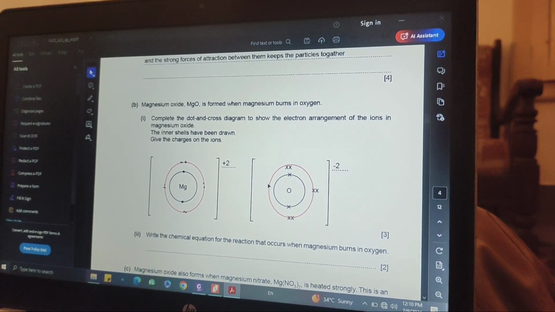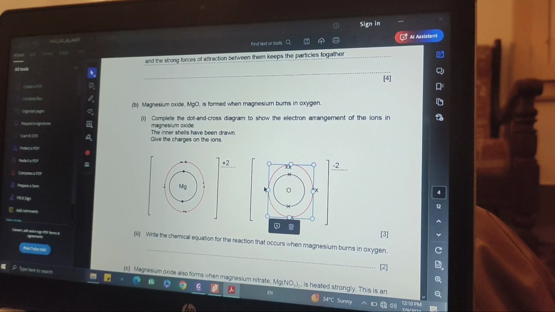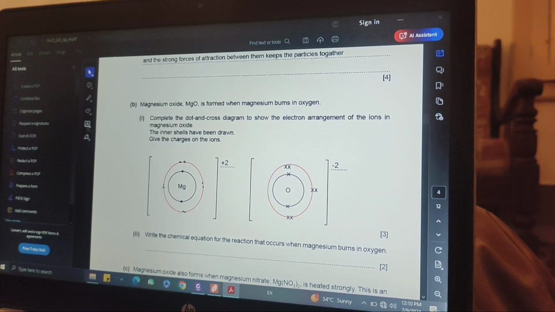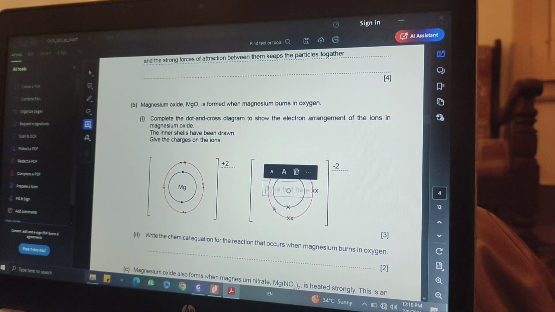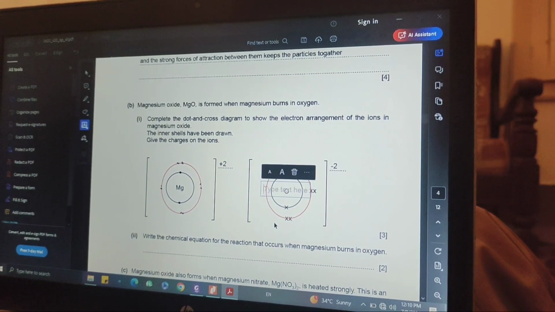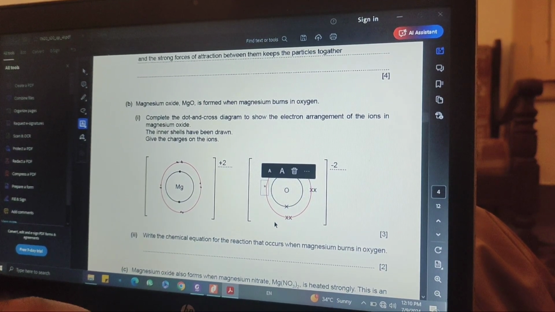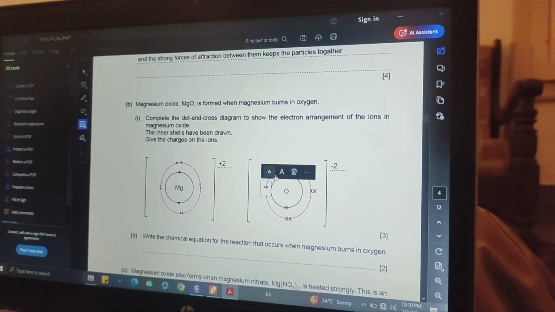So we'll be drawing dots here. I'll just provide stars to highlight it here.